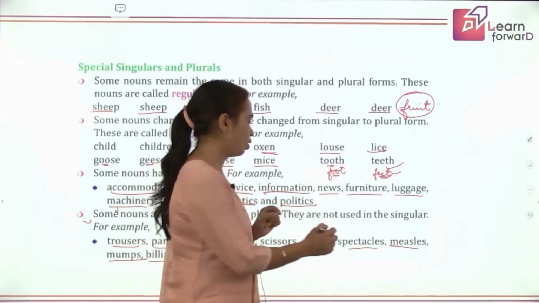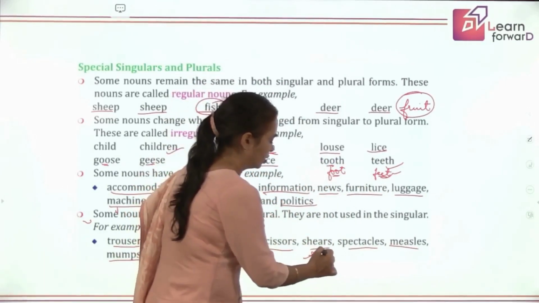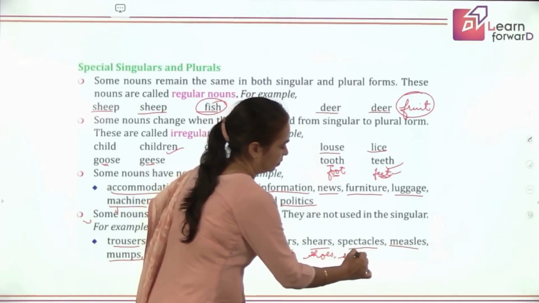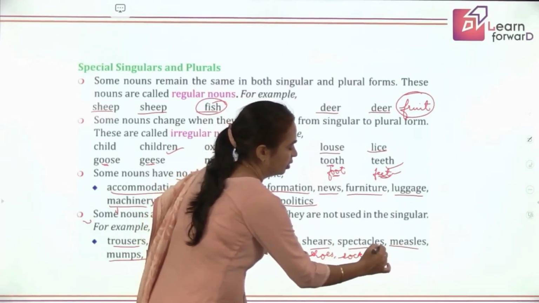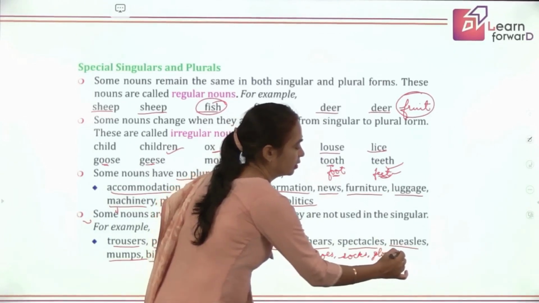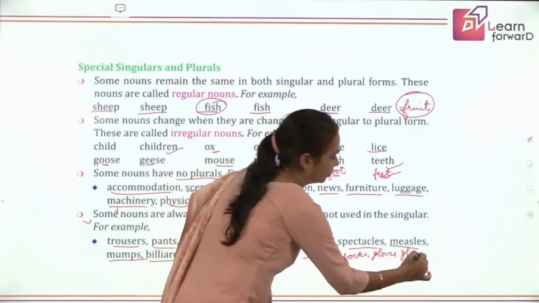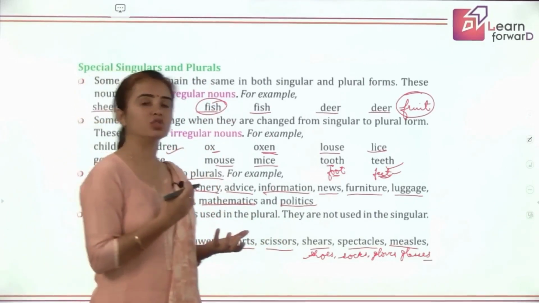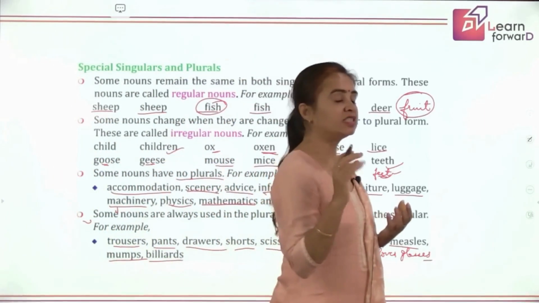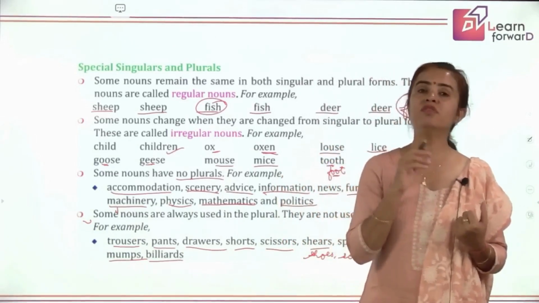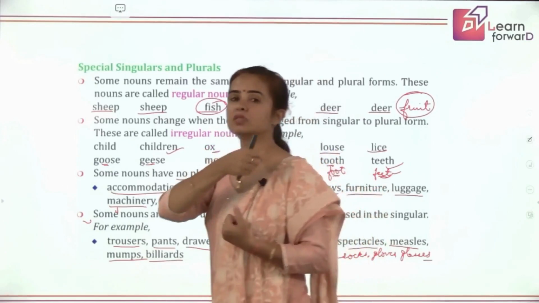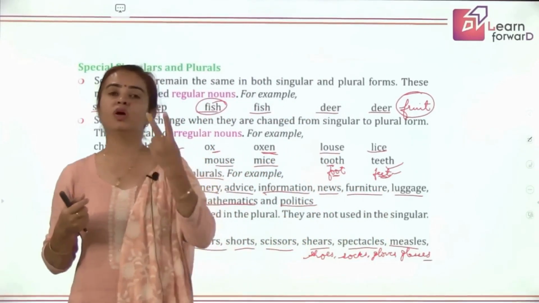Like shoes also, shoes, socks, stockings, gloves, glasses. What about all these things? Spectacles, trousers, pants, shorts. What you observe is even scissors. What you observe whenever you have to use them, pliers or your tongs. So whenever you are using, you are always using in pair.